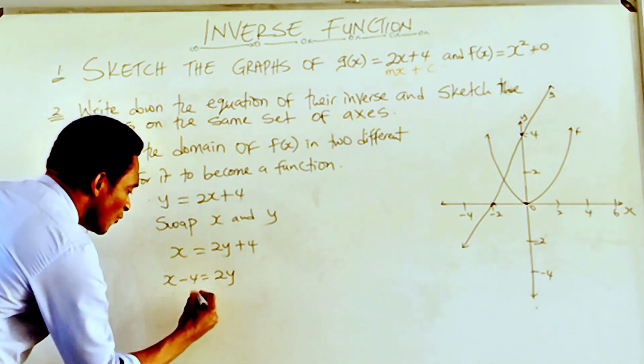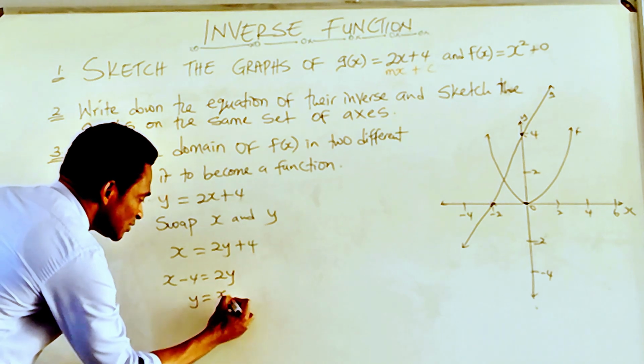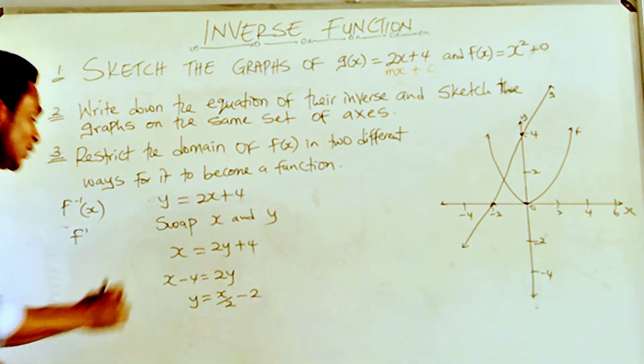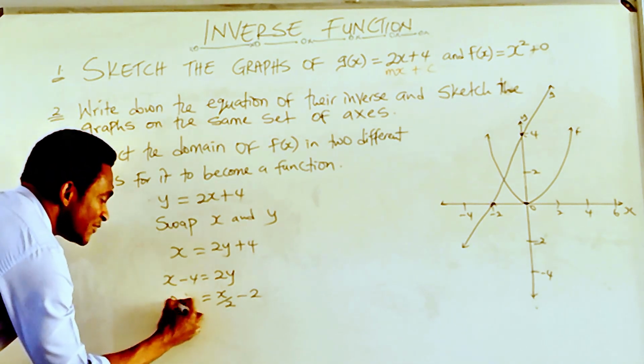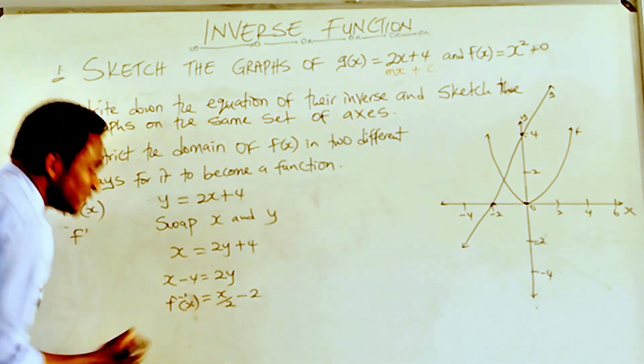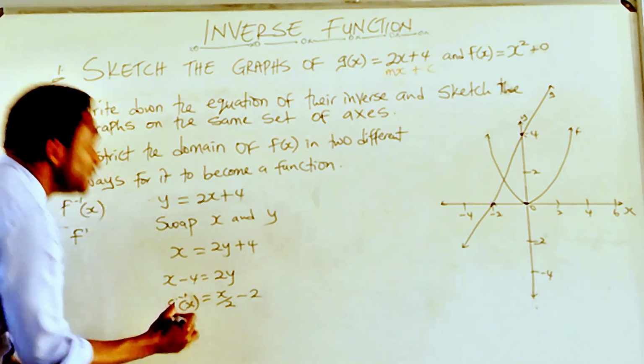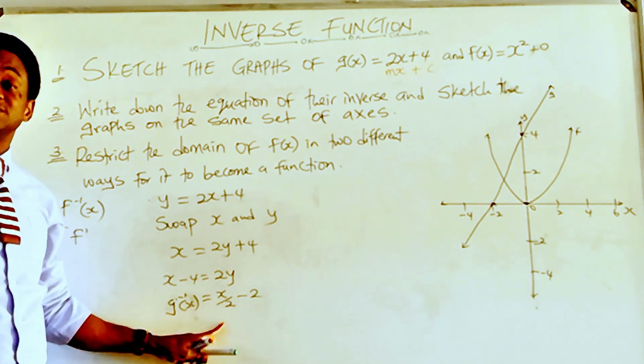So the equation of y will be x over 2 minus 2. This is the equation of the inverse. So we can rewrite this as the inverse equation of g.